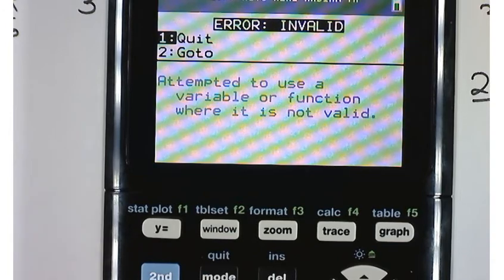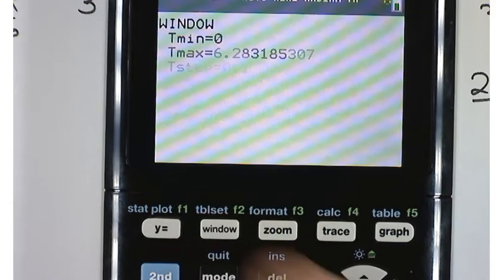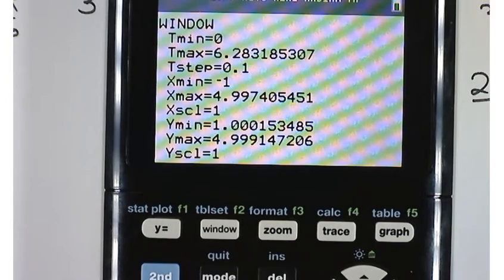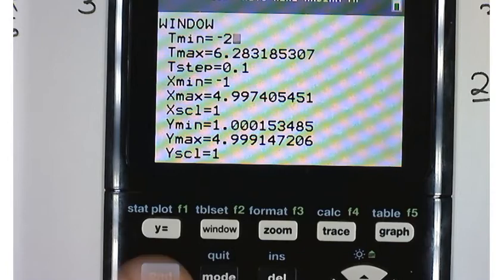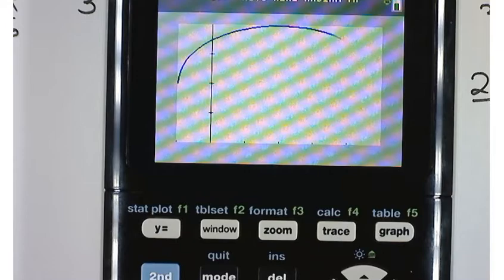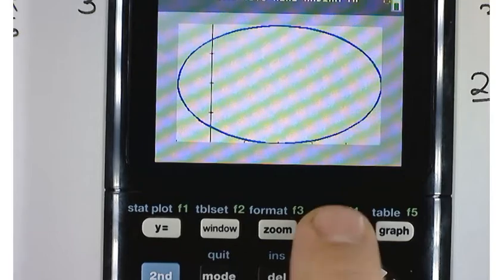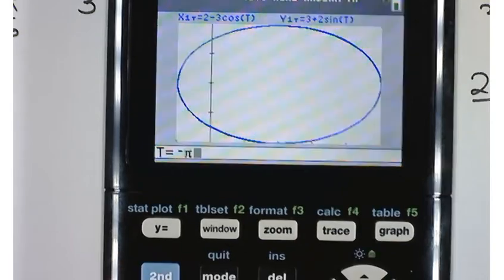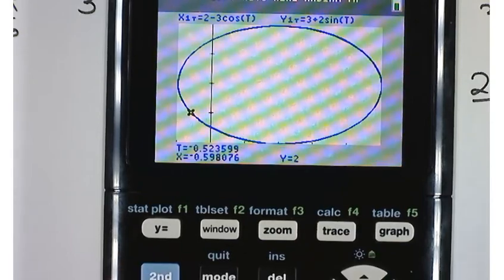Yeah, see, it's not a value that we traced, because we only did values from 0 to 2 pi. So if I wanted that to work, I could set up my window from, say, negative 2 pi to 2 pi, and now it'll allow me to trace that point at negative pi over 6. So trace negative pi divided by 6, and it works.